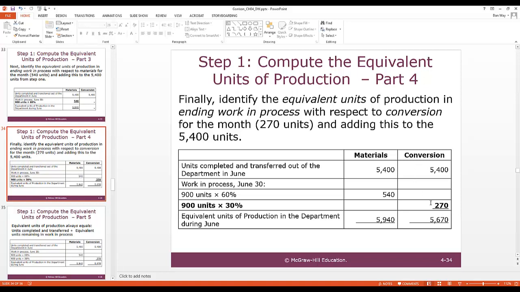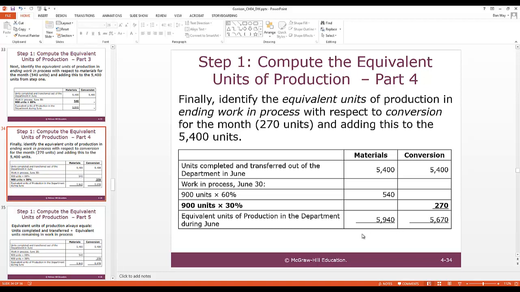So when we add data to the column, again, we've got the 5,400 units that were finished and transferred out, plus the 270 equivalent units with respect to conversion, means our equivalent units of production in the department for June with respect to conversion are 5,670.